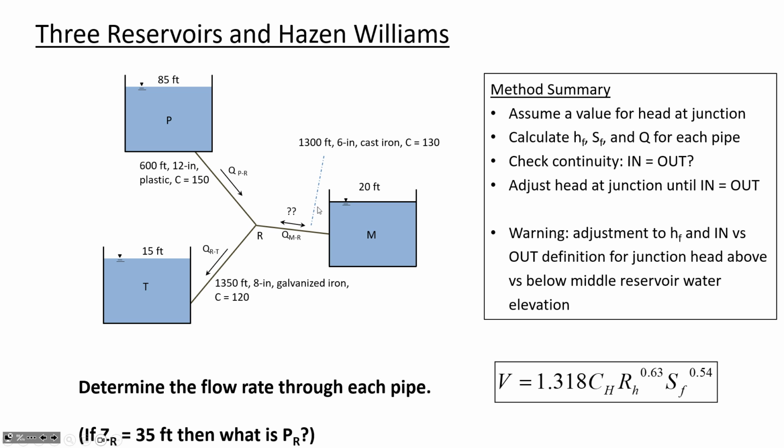Because M is at an altitude of 20, the water surface is. So if there's 21 feet of head at R, then what direction is the water flowing?